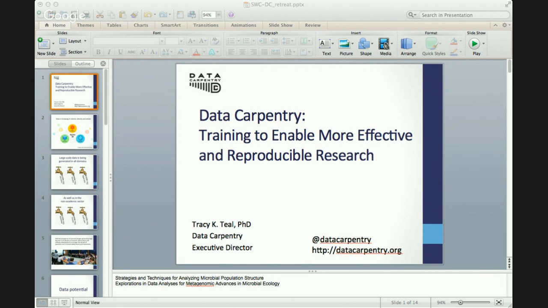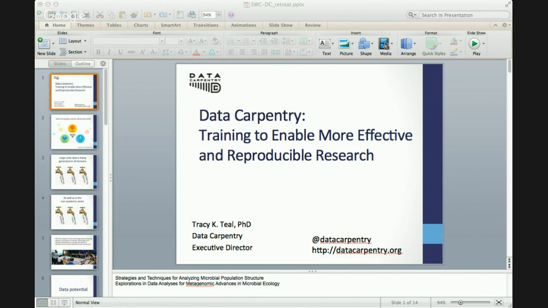That's above funding or compute, which is where a lot of the focus often is. So by far and away, people recognize that they want this training, they need this training. And so we're trying to help fill that training gap. Our mission is to provide researchers high quality domain specific training covering the full life cycle of data-driven research.